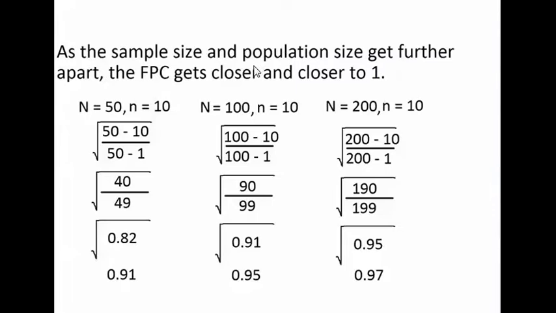This slide explains why the finite population correction, or the FPC, can be left off of the formula when the population is 20 times larger than the sample. As the sample size and population size get further apart, the FPC gets closer and closer to 1. And when the population is 20 times larger than the sample, the FPC is so close to 1 that it doesn't really affect the final answer, which means that the FPC can just be dropped off of the formula.